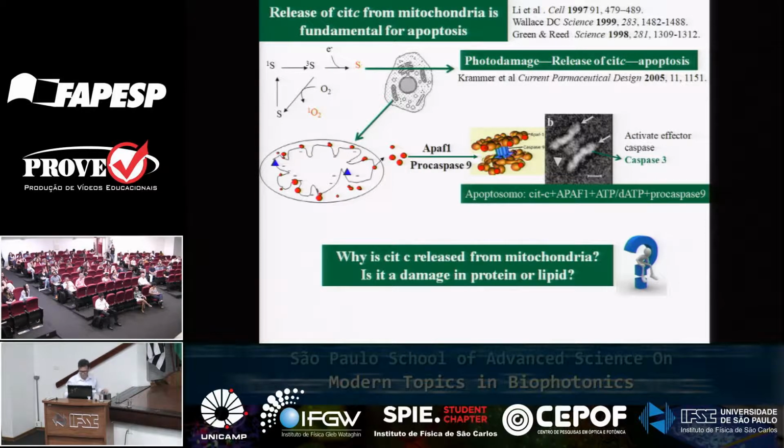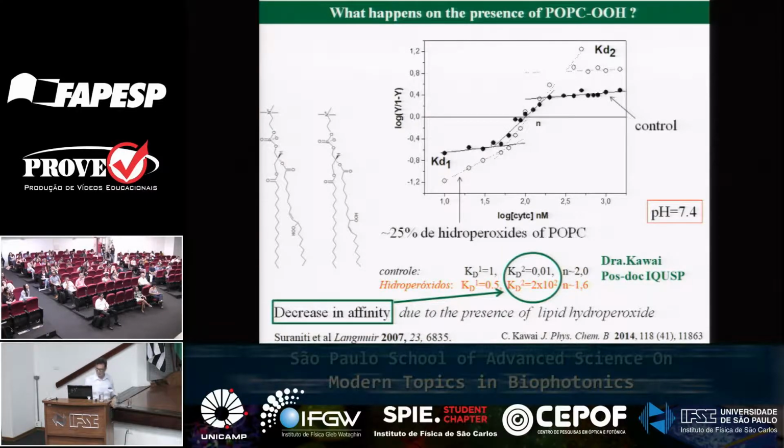We have several papers, but just one piece of data that I want to discuss with you. What we proved with the technique that we just heard about, surface plasmon resonance, is that we measured the interaction of this cytochrome C with the membrane, and we observed that if the membrane has these hydroperoxides that are formed by singlet oxygen, then the protein gets released, and the binding constant goes from this value to this value.